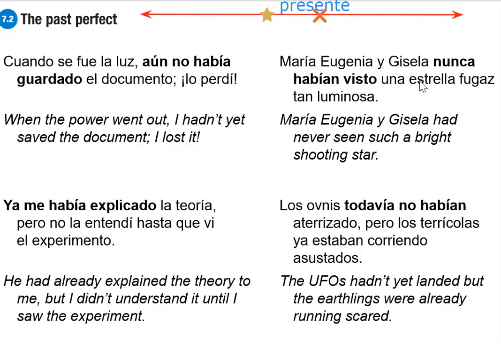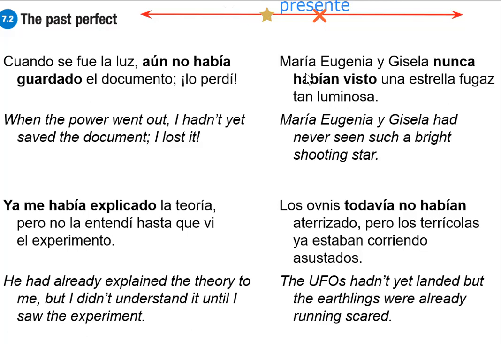So maybe we're talking about a night we went camping, and before that night, which happened in the past, this action happened even before that. So they saw this really shining shooting star, and they saw it here. But before that, they had never seen one like that before.